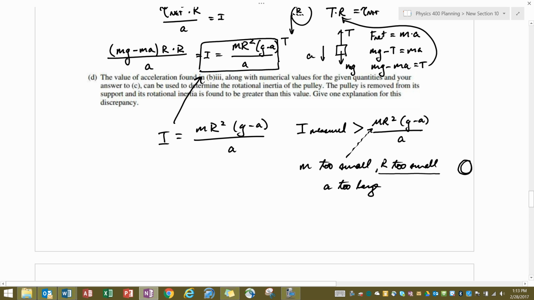That could be because in reality that string is wound around many times. So as it winds over itself, the effective radius that we see might be larger. So we might write that the string is wrapped over itself, making the effective radius larger than what was used in calculation.